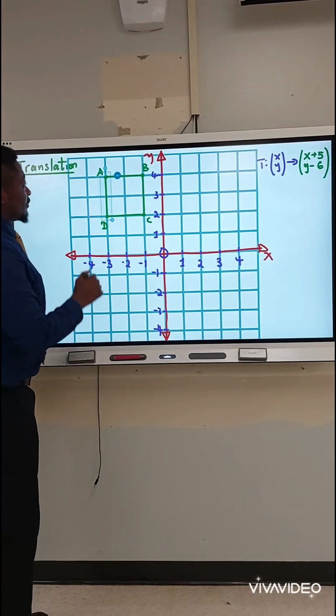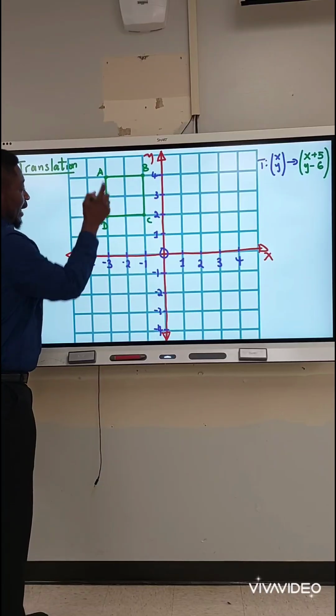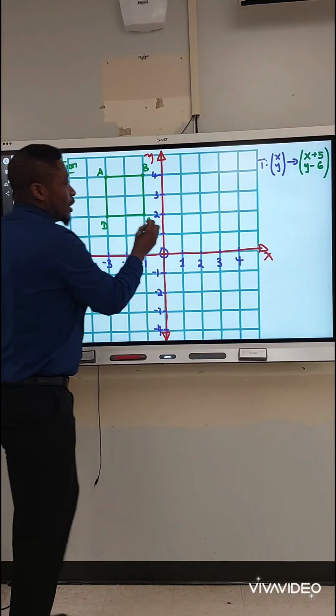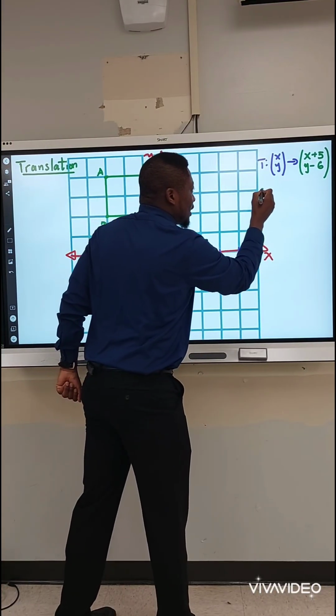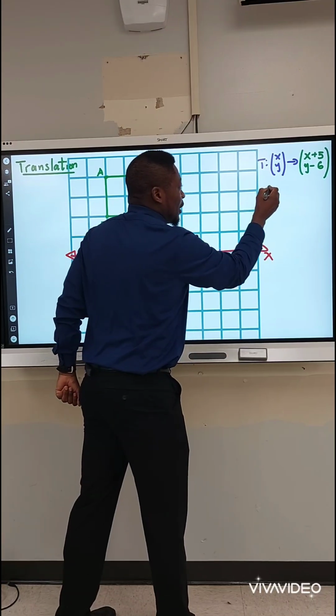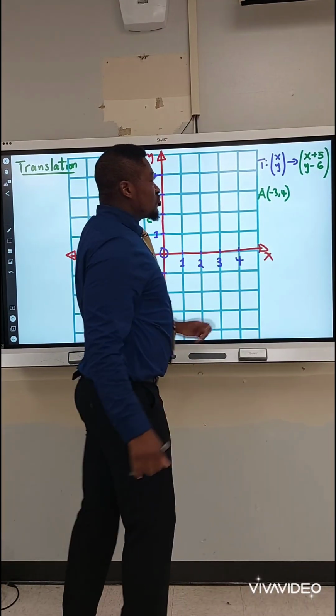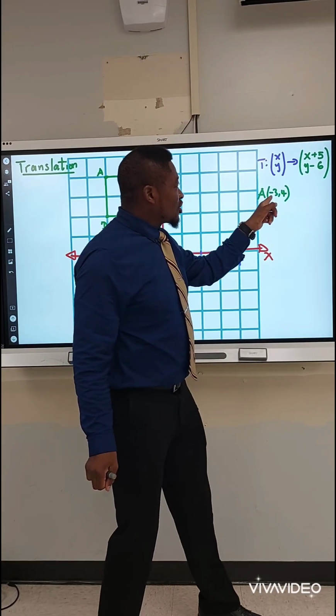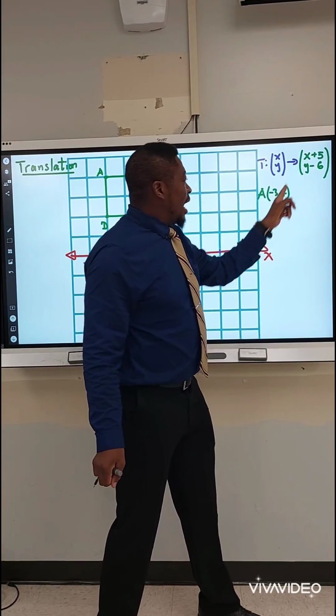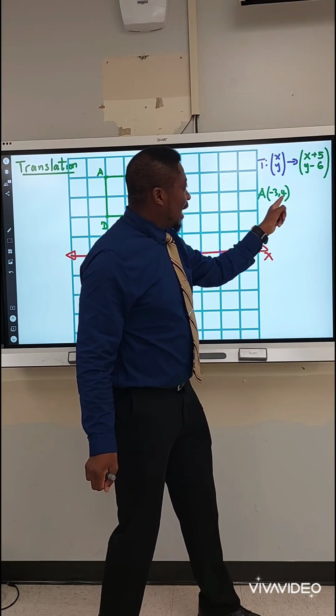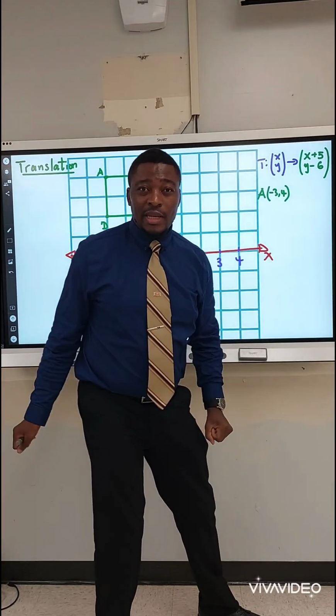The coordinates of this object point here, A, are -3, 4. Now this translation rule says for the x coordinate of A, add 5, and for the y coordinate of A, subtract 6 to get the image.